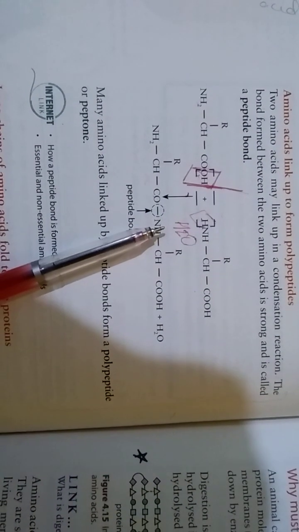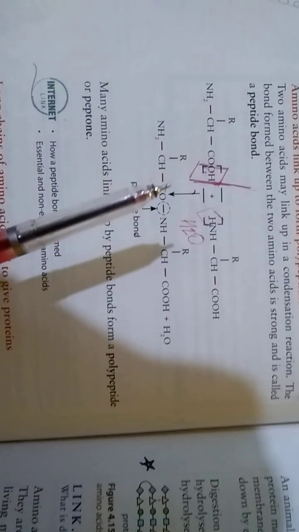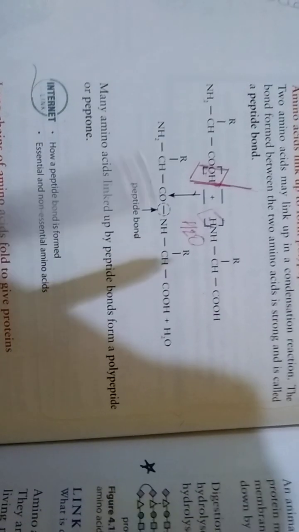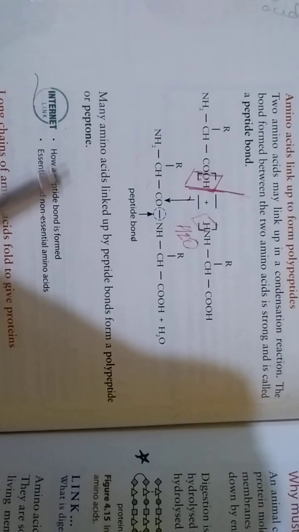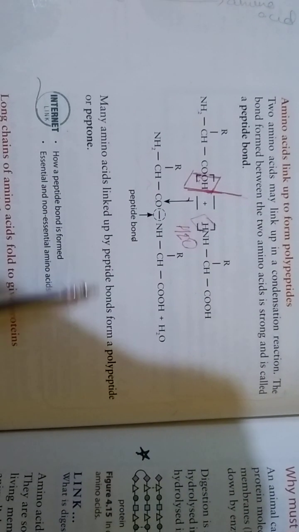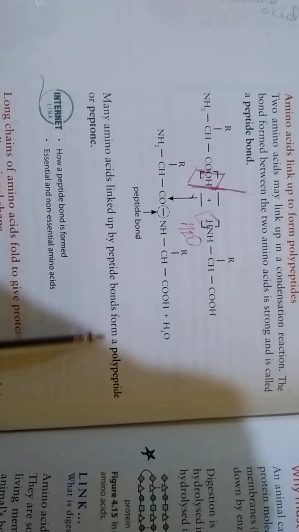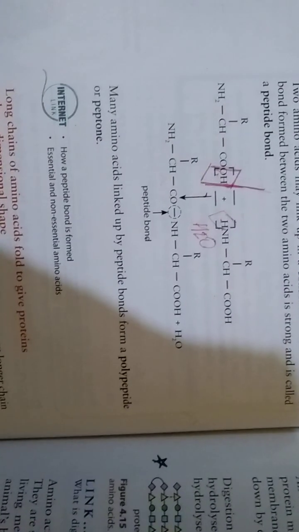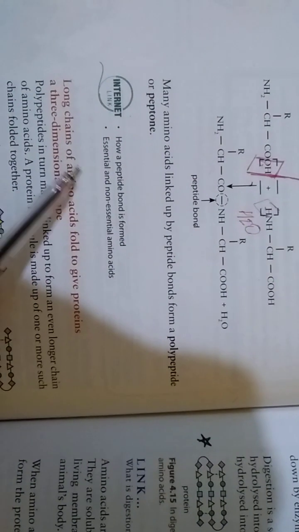Look at this diagram and try to understand the situation. Many amino acids linked up by peptide bonds form a polypeptide or peptone. How is a peptide bond formed? Essential and non-essential amino acids.